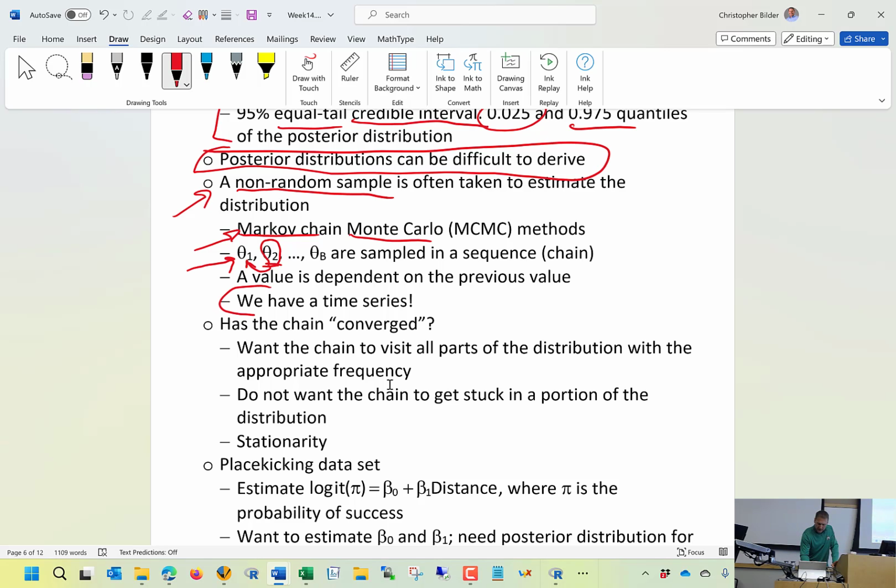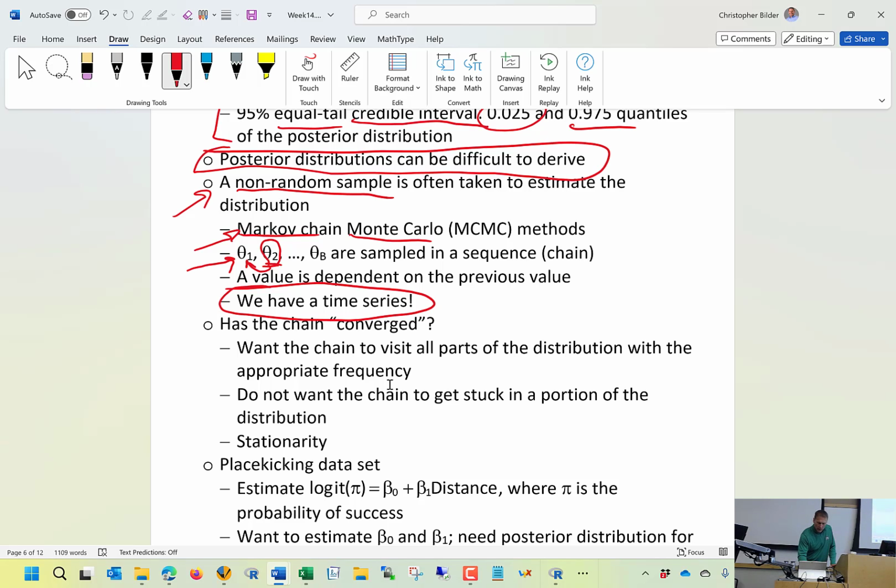Since we have this sample, and the sampled values come about consecutively, we have a time series. That's the connection with Bayesian methods: you use these MCMC methods, and you come up with a time series as your sample.